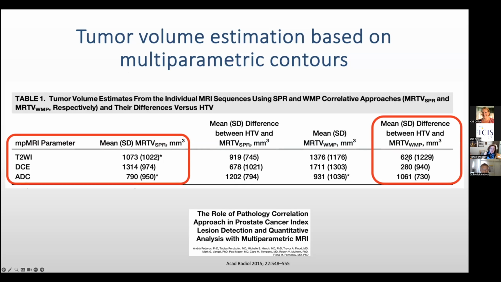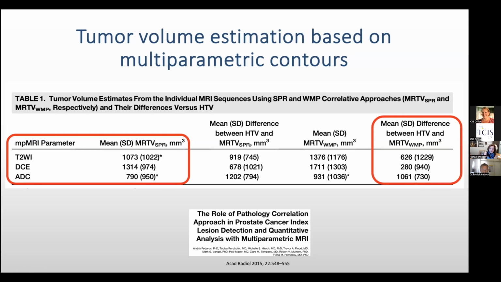The difference between T2 and the histology was 626. DCE, the difference between DCE and histology tumor volume was 280. And ADC, there was a big difference between ADC-based tumor volume, 3D using 3D Slicer, versus histology tumor volume. So the one that was closest was the DCE, probably because of the microvasculature changes that are extending out.